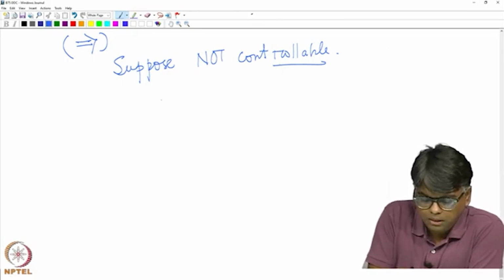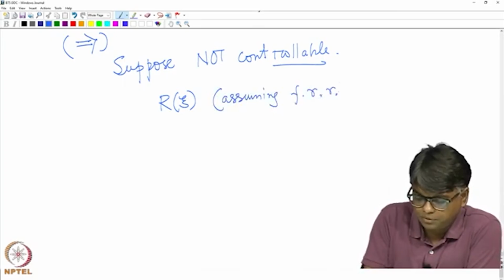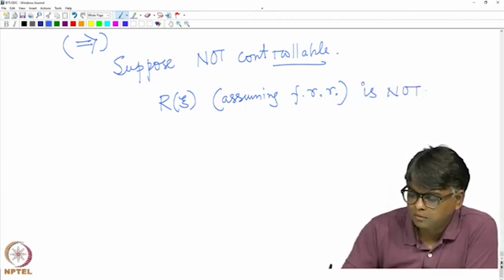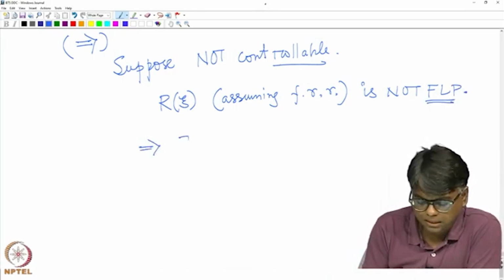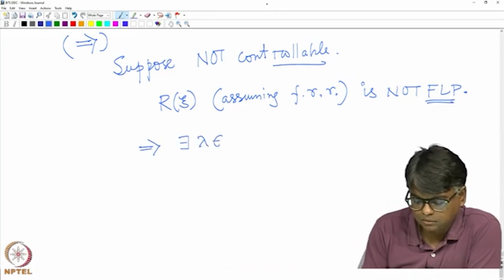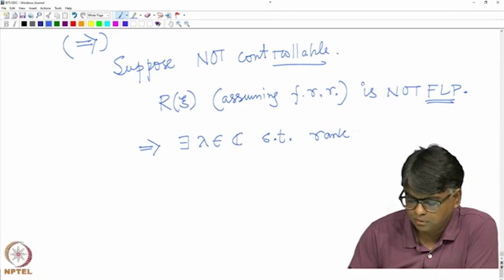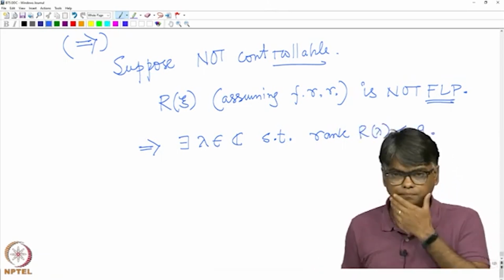Not controllable means R(ξ), assuming full row rank without loss of generality, is not left prime, which further means that there exists a complex number λ such that the rank of R(λ) is strictly less than the number of rows, that is g.